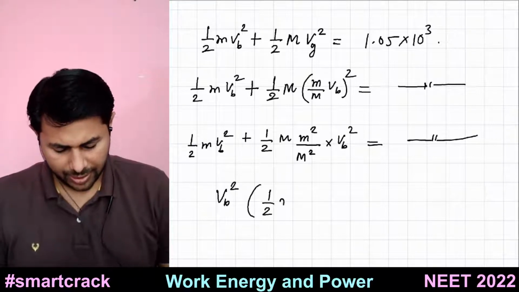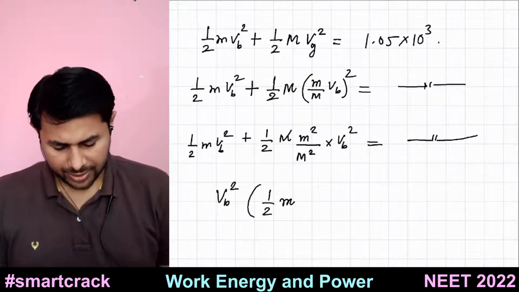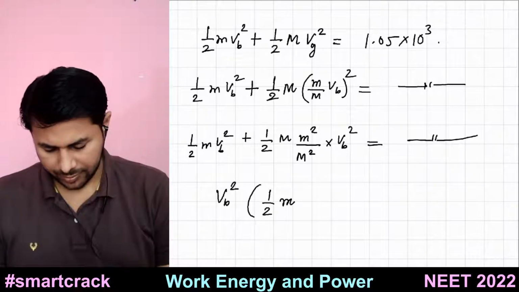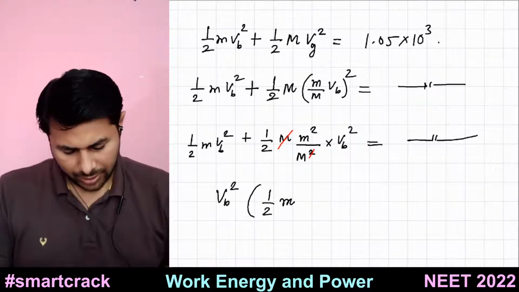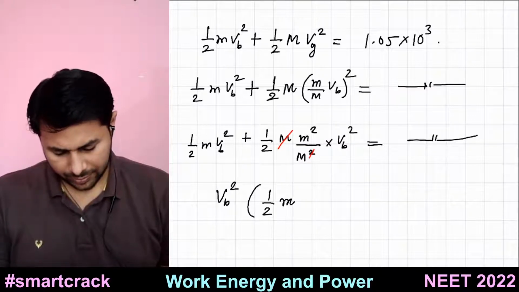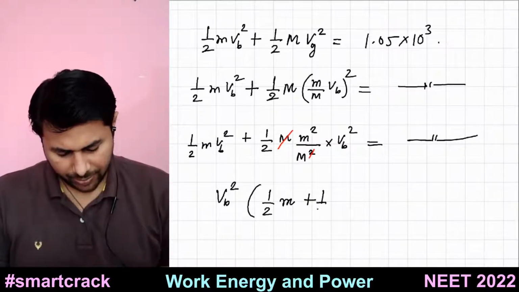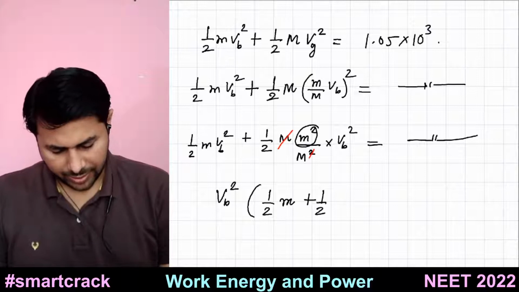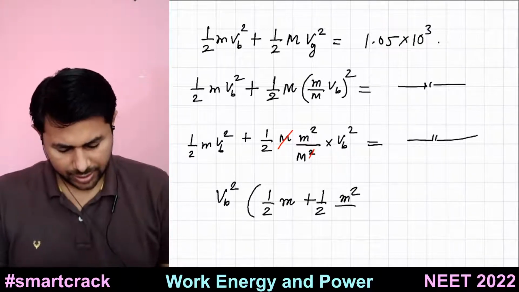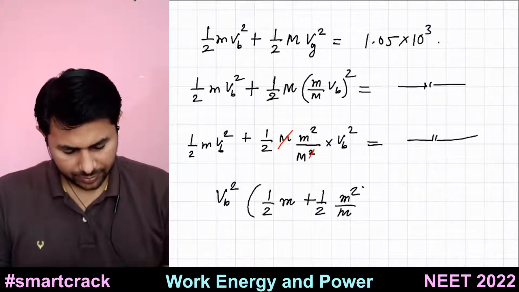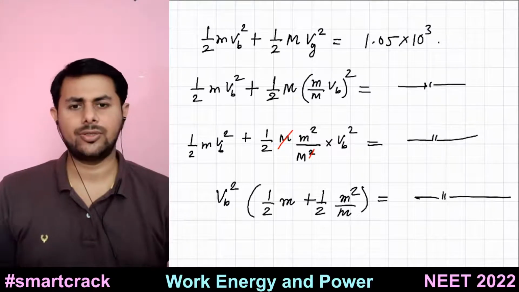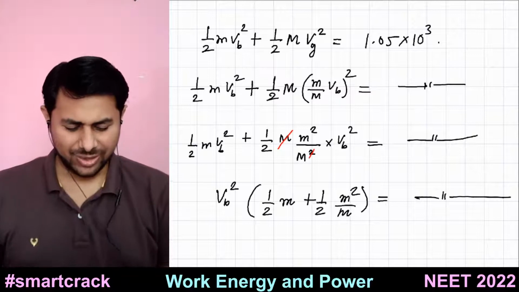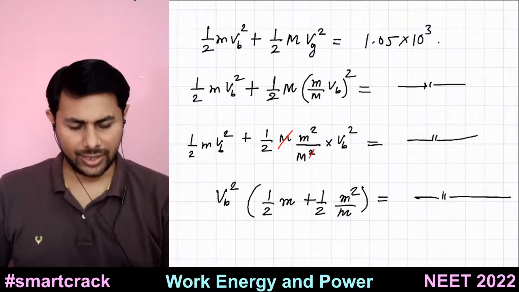We're left with half m, multiplied by this; capital M will get cancelled with this one. So half m plus half of m square upon capital M is equal to this thing. And now we have to substitute the values. Somewhat lengthy problem, but it's okay.